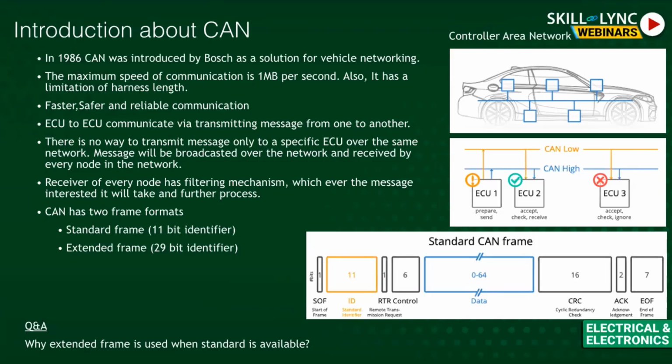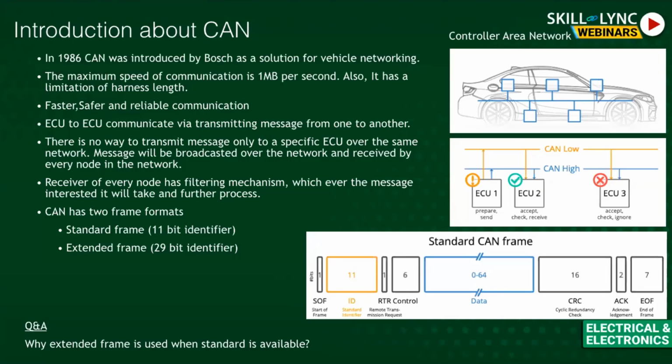But only ECU2 accepts the message and processes it. Why is only ECU2 accepting? Brake is more relevant for the brake ECU, right? So for a message relevant to a particular ECU, only that ECU will accept it.